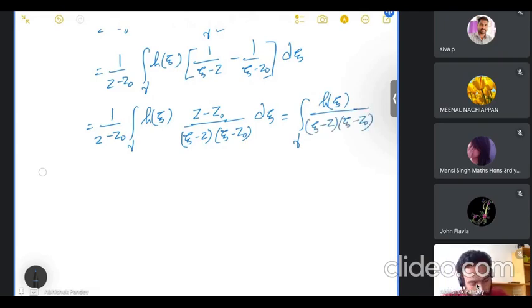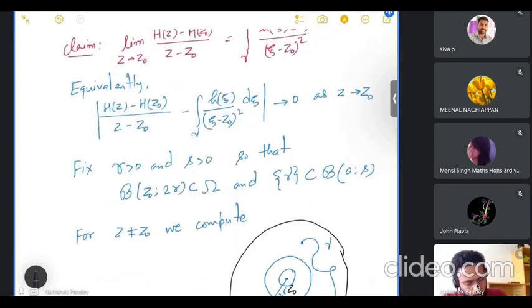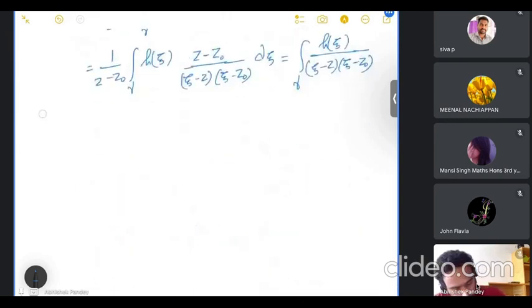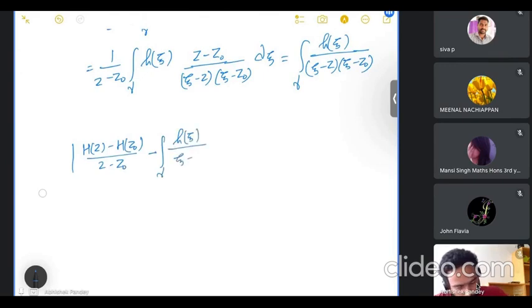Now we need to calculate this quantity here: H of z minus H of z naught upon z minus z naught minus the integral over gamma of h of xi upon (xi minus z naught) squared d xi.